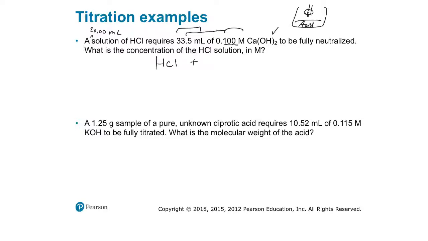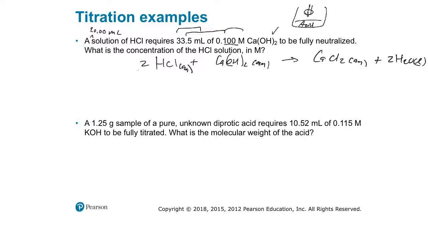We have HCl, calcium hydroxide, both water soluble, aqueous. Both of these are strong, strong acid, strong base. We're going to form the salt CaCl2, also water soluble, and then plus water. Only key here is that I'm going to need 2 HCl's to balance this. And then I'm going to form 2 waters.